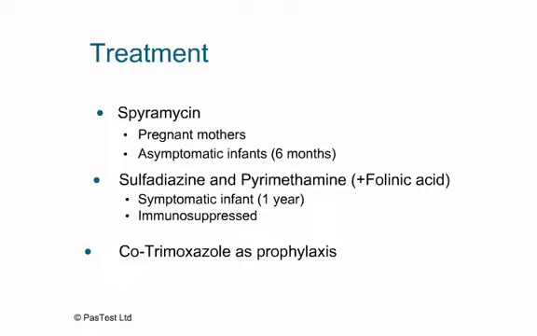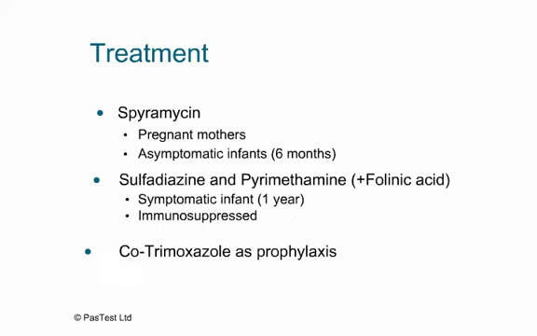This is the same treatment for immunosuppressed patients as well, and treatment for an infant is for a whole year. Finally, cotrimoxazole can be used for prophylaxis in immunosuppressed patients who've completed a treatment course, or those who are deemed to be at high risk of developing toxoplasmosis.